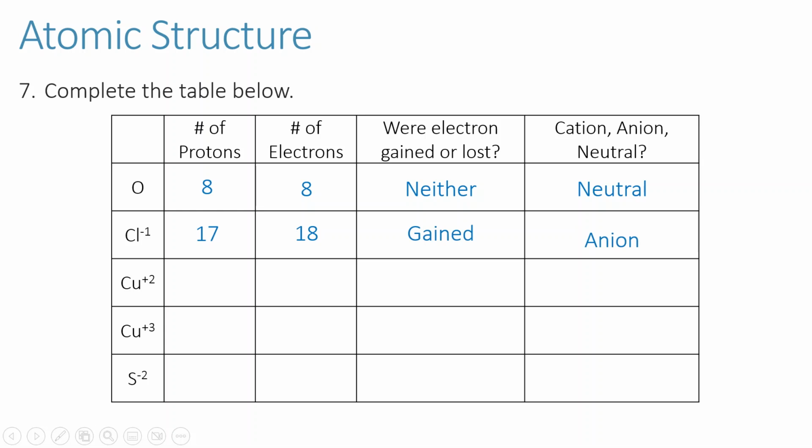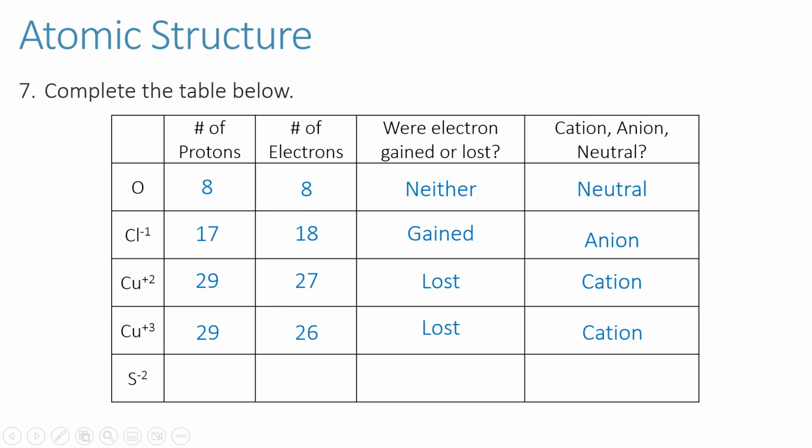Next, I have copper plus 2 and copper plus 3. Copper always has 29 protons. Since this charge is plus 2, there must be 2 more protons than electrons. So this lost electrons and formed a cation. Copper plus 3 still has 29 protons, but since the charge is plus 3, I have 3 fewer electrons than protons.